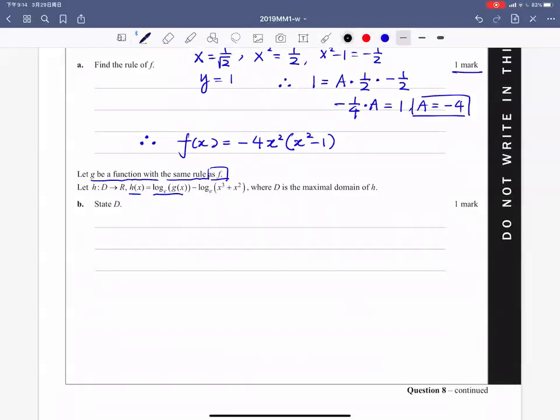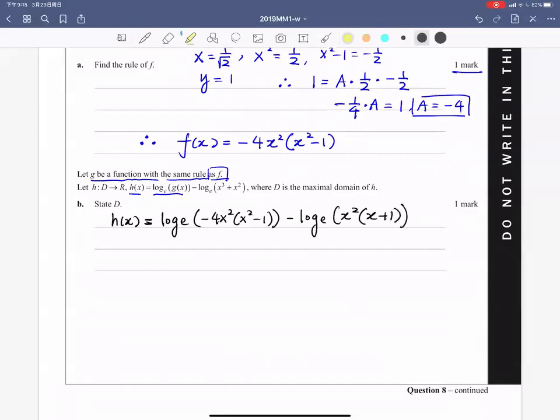Let me just drop down this formula here. Look at the little manipulation I'm using here. I'm taking out the common factor x squared.